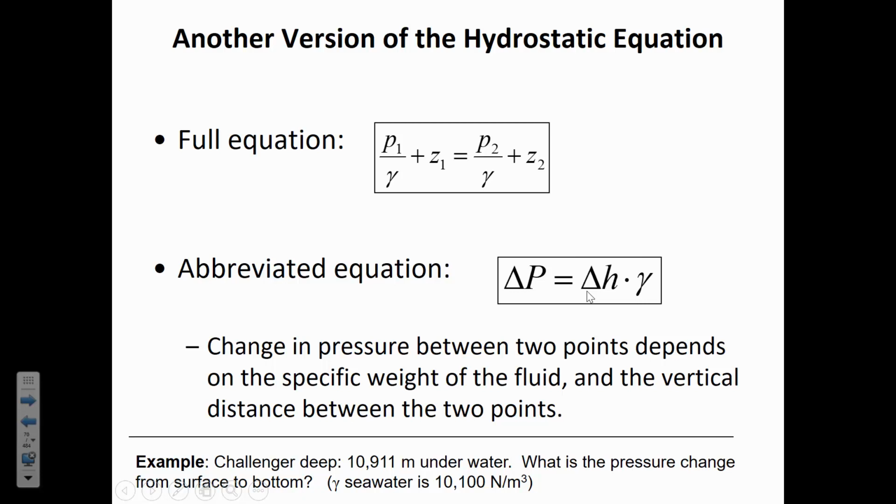So it's 110 megapascals. So we have newtons per, oh, I'm sorry, this was newtons per meter cubed for the unit weight of seawater. So that gives us newtons per meter squared, and that is 110 megapascals, so MPa. So there's a lot of pressure down there at the bottom of the ocean.